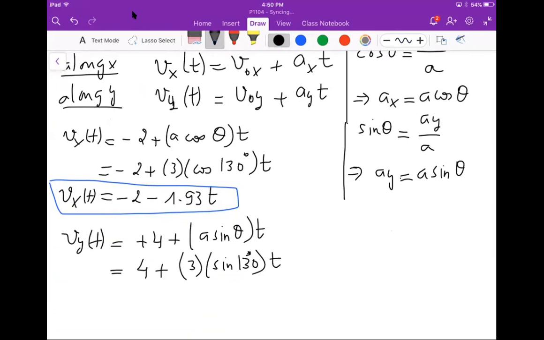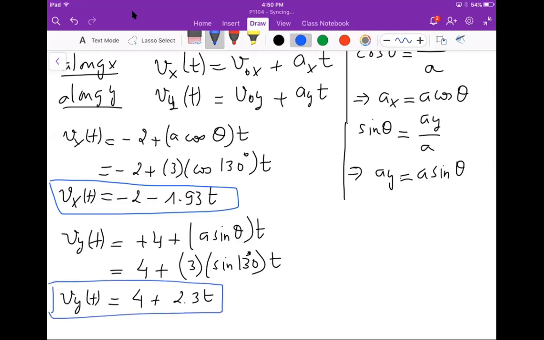And this gives us the value 4 plus 2.3 t. And this is Vy(t). So now we can write down V as a function of time as Vx i plus Vy j.